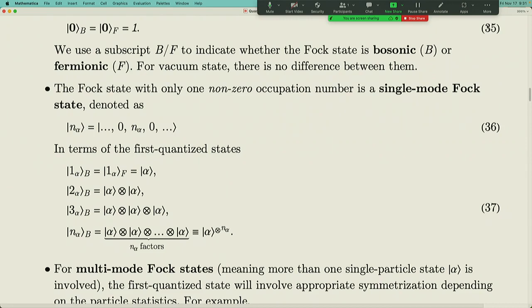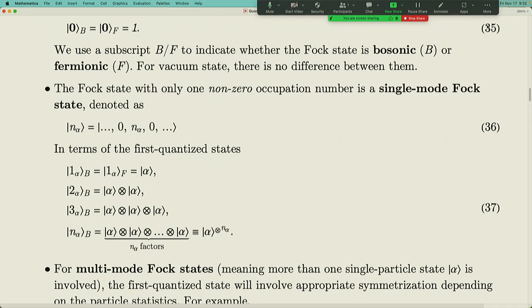And it turns out that this state is identical to 1 fermion occupying alpha. 1 boson occupying alpha, they are the same thing, because there's no difference between boson and fermion if there's only 1 particle. And that state is precisely described by the original state vector of this alpha. There's no need to extend it, basically. It falls back to our previous description of single particle physics.